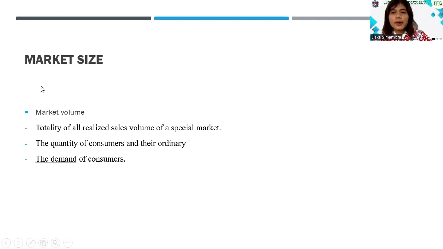And then market volume is also the quantity of consumers and their orders. So it means that our market volume is the number of our consumers. For example, if we have 5,000 consumers, one consumer may make one order.